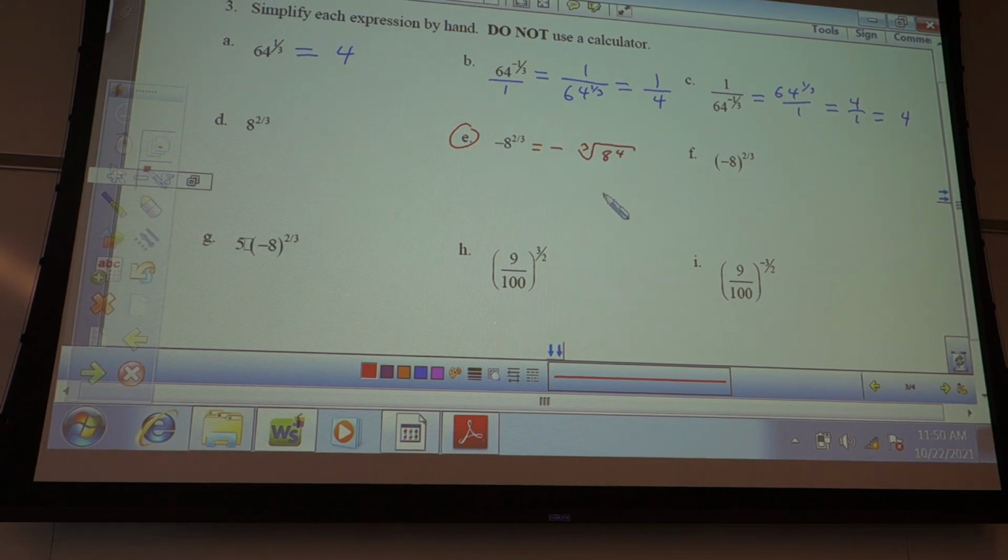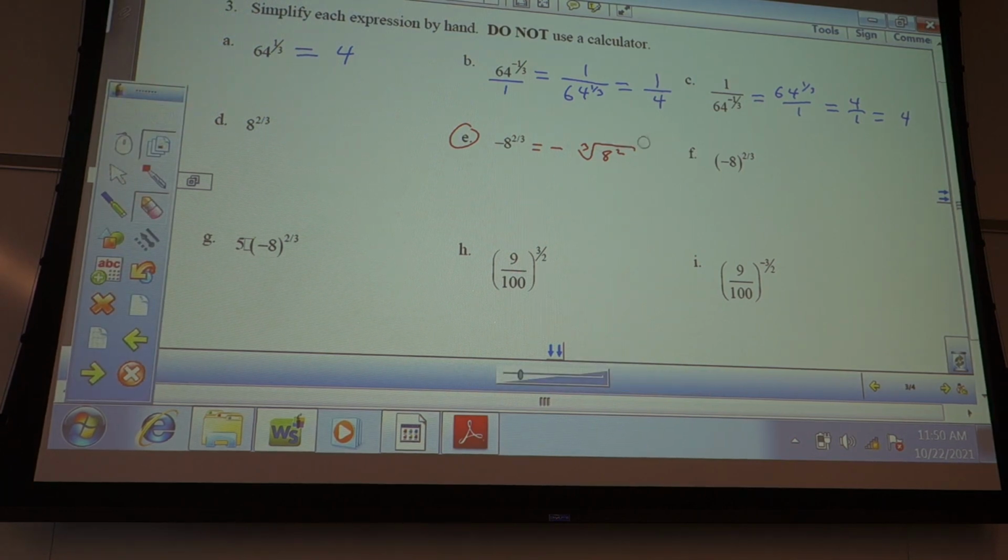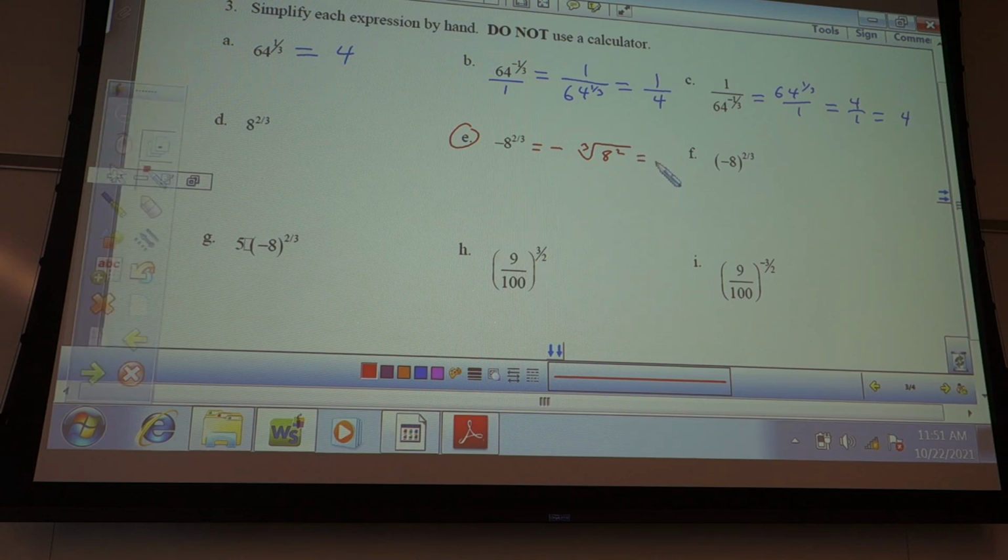Third, sorry, my bad. 8 to the second. I'm all over the place. I was trying to think about if there's an easy way of doing this. Let's try this. If we did it this way, what's 8 squared? 64.